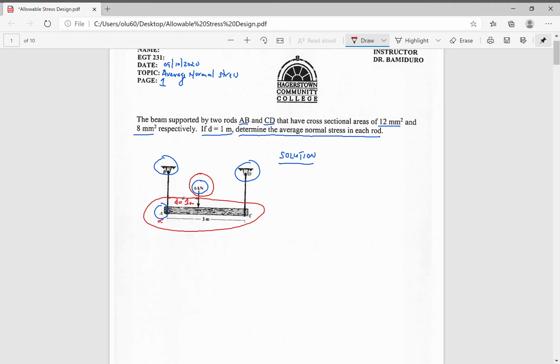Let's look at our steps. What's the first thing you'll do in trying to find a solution? We want to draw our free body diagram.